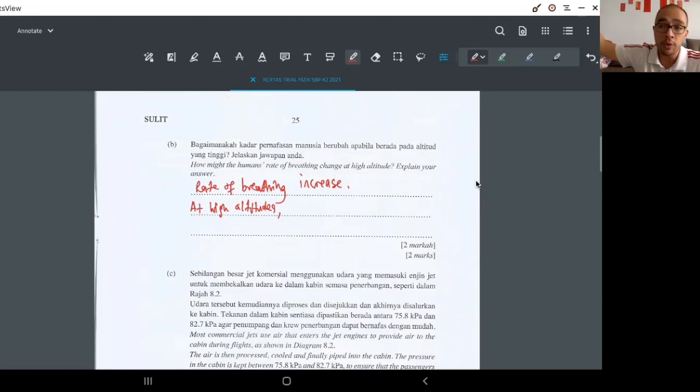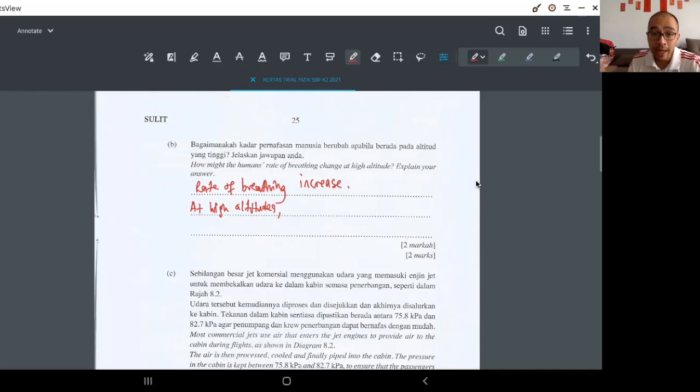But when we go climbing up Mount Kinabalu, for example, you take one breath of air and you don't feel full. You don't feel like you have enough oxygen, because even though you're taking a lot of air, actually not a lot of air is going in because there's very little air. So to compensate for that, you need to breathe more so you can get more oxygen in.